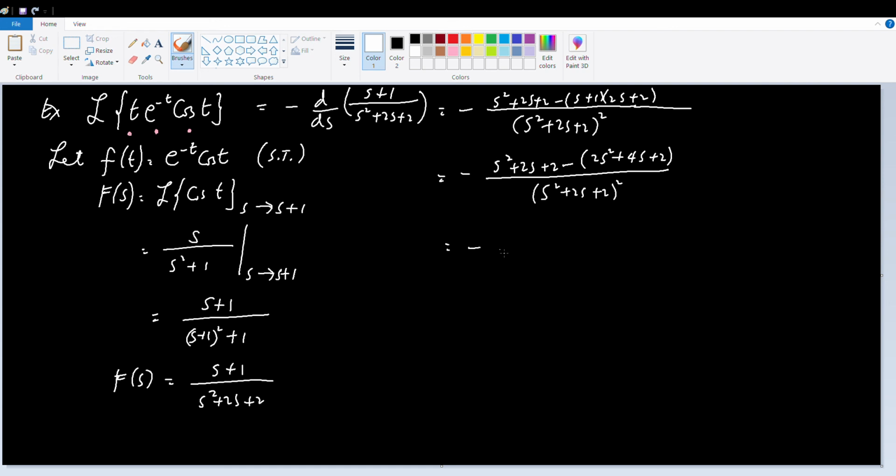So negative of the quantity: s squared minus 2s squared is negative s squared. 2s minus 4s is negative 2s. 2 minus 2 will cancel. Okay? So negative s squared minus 2s.